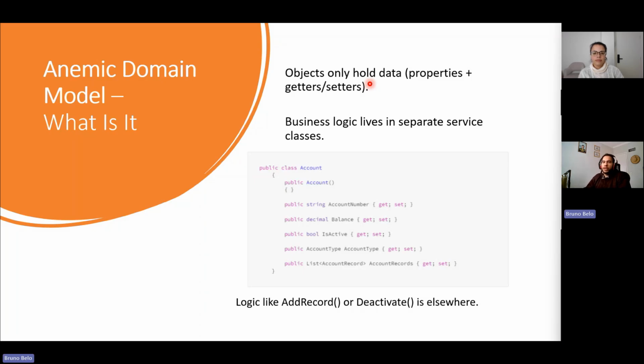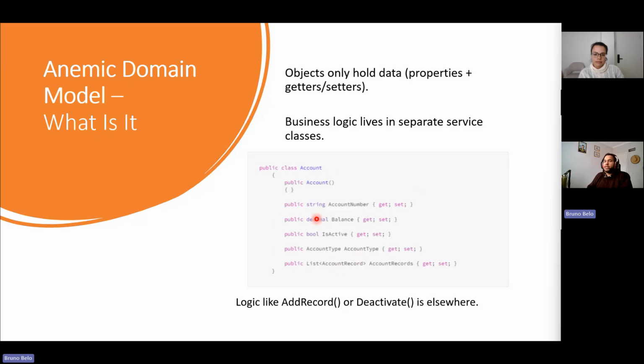And whenever you see a class that is defined like this, here I just have a few properties, right? So this is one bank account. I have just a string account number, a decimal which is the balance, whether it's active, or the type of the account. But I don't have any real operation.